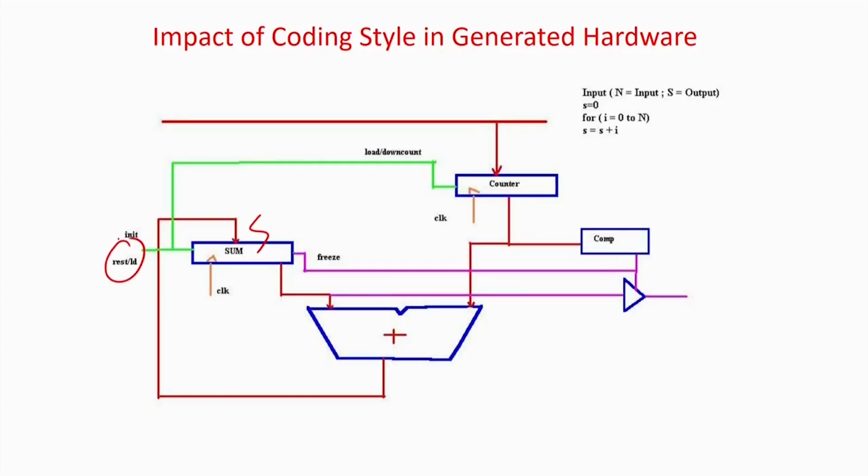I am not going into the details, it is a very standard simple digital implementation. Initially the sum is equal to 0, and the counter is also equal to 0 or 1, whatever you want to set it. Every time it will do s equal to s plus I, where I is the value of the counter, and it will be stored in the sum.